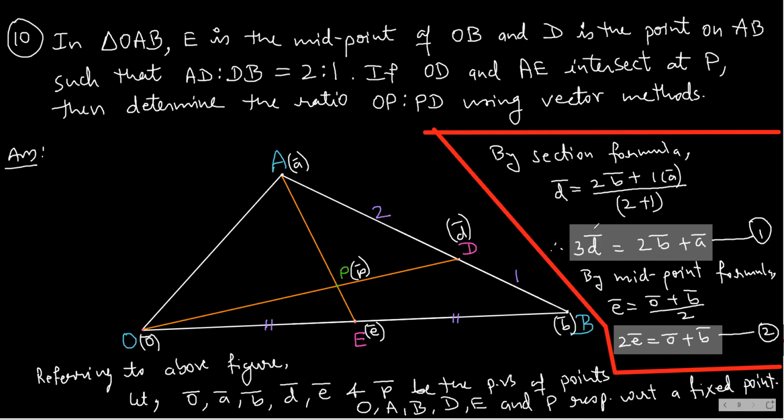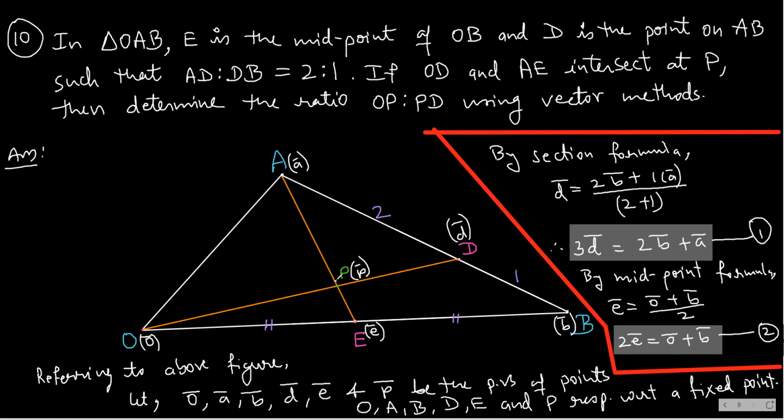Now see, D bar means point D, B bar is point B, A bar is point A. E bar is position vector of point E, this is position vector of point O, and B bar is position vector of point B.